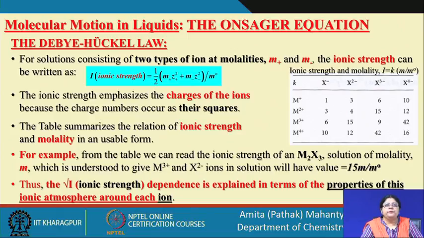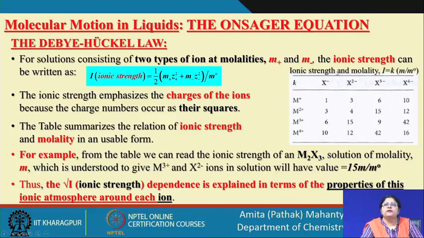If we want to find out the relation between ionic strength and molality of a particular electrolyte, there is a table which I can show you. We can use this sort of a table. See what we have?